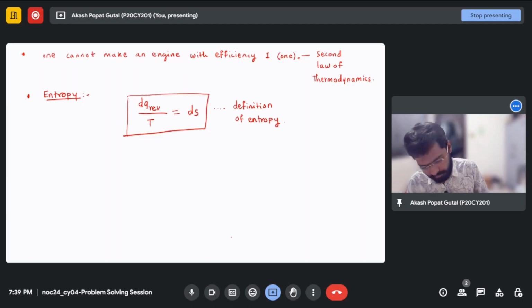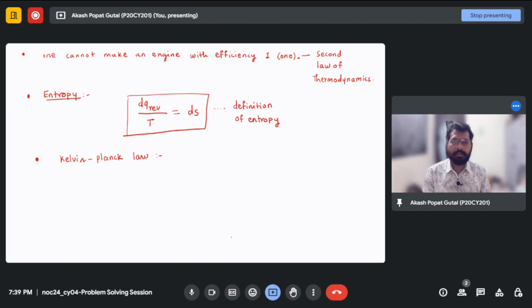After that, we have seen Kelvin-Planck's law.